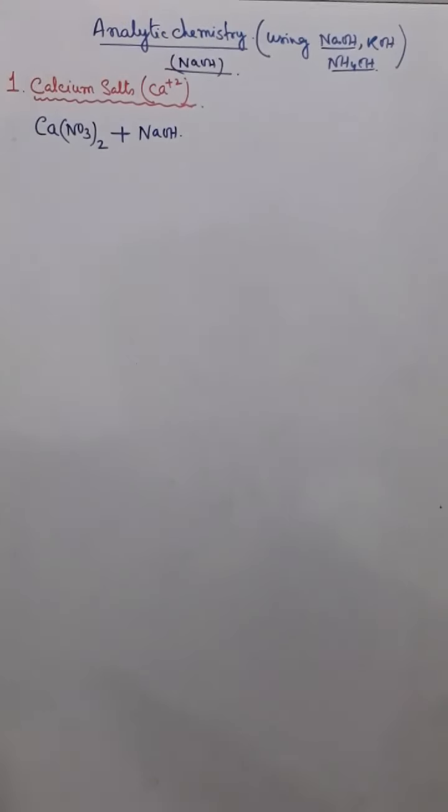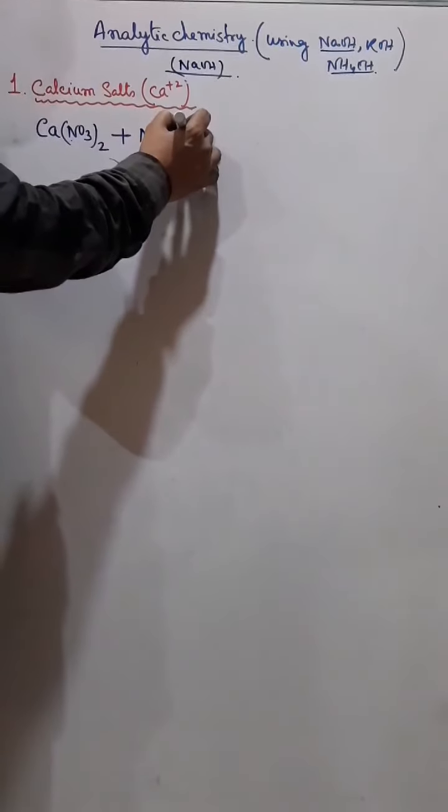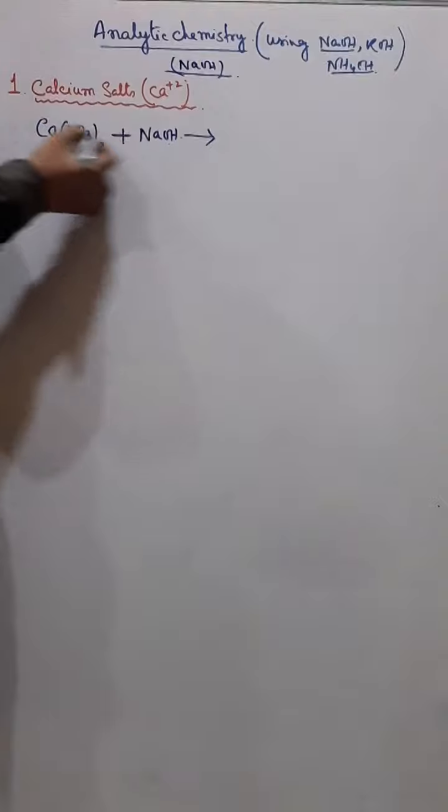So first is identification of calcium salts, whether a salt contains Ca+2 ions or not. Now the reactions are very easy. With the salt we'll add NaOH solution and there will be a double decomposition precipitation reaction. In double decomposition, the partners change.